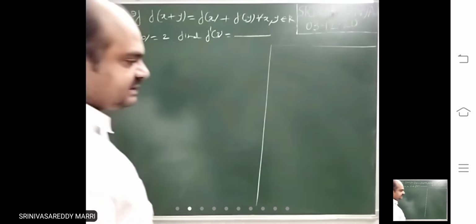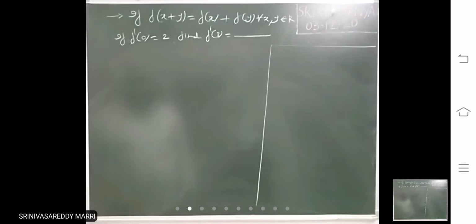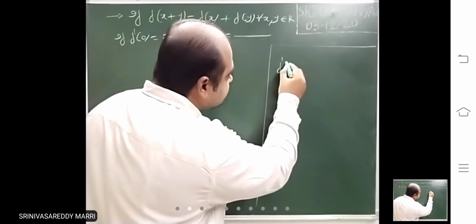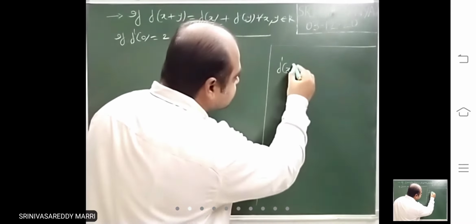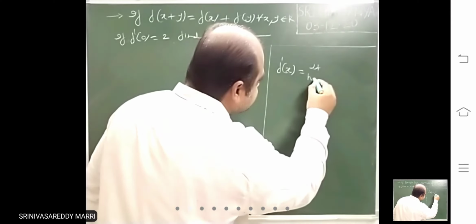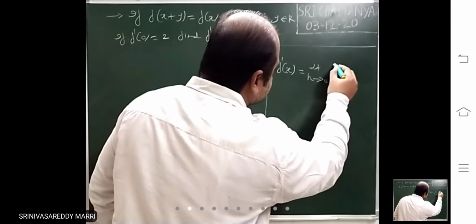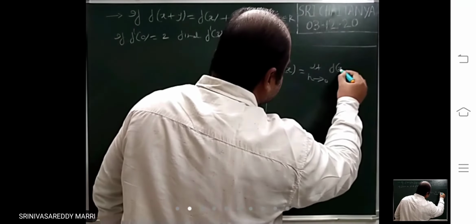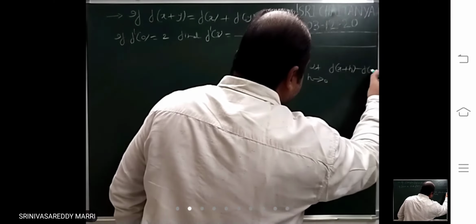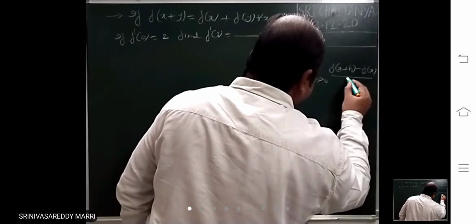For all these things, the basic formula for derivative is, at any point x, f dash x equals limit h tends to 0, f of x plus h minus f of x divided by h.